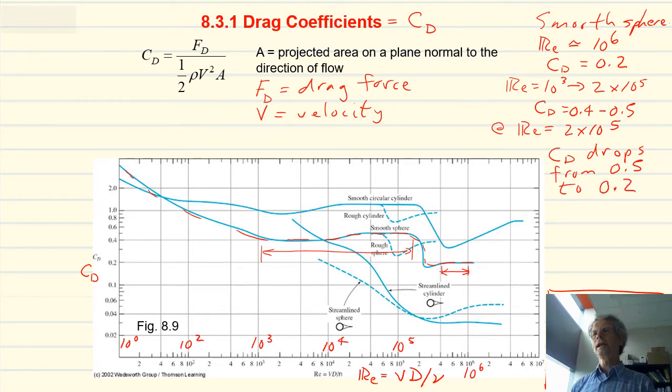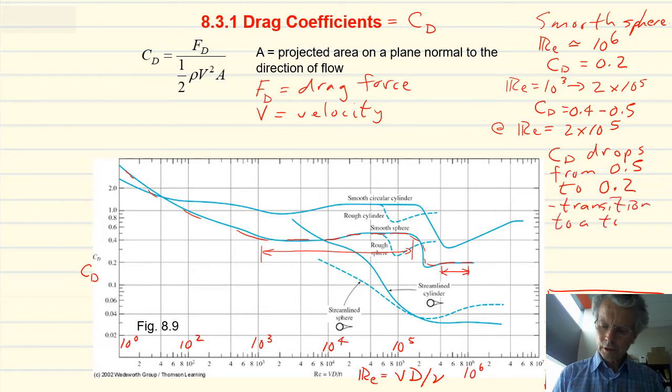So that's the abrupt decrease I was talking about in a previous lecture, where the boundary layer on the sphere becomes turbulent and the separated flow region decreases. So that's when the transition to a turbulent boundary layer, BL, occurs.